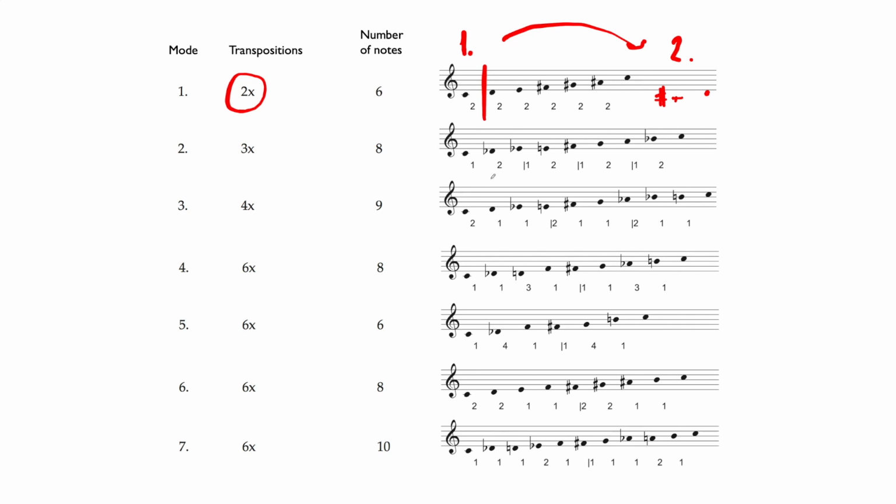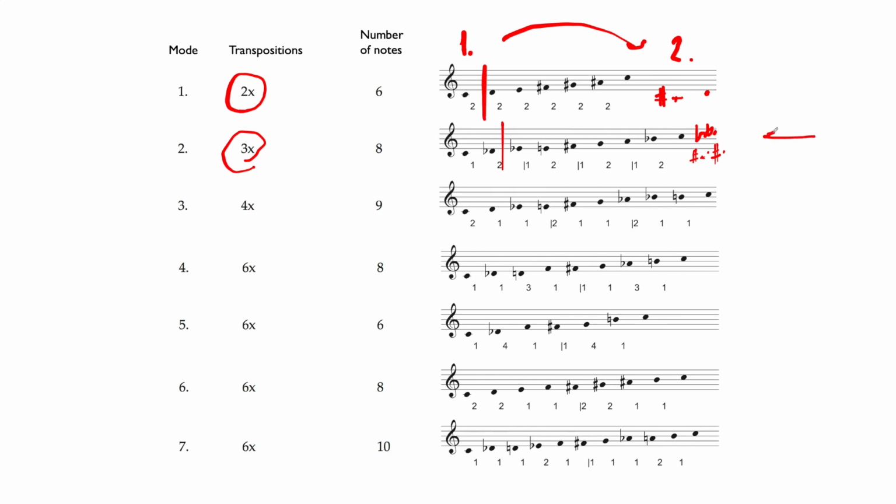And then we have the octatonic scale. This is the second mode. It has only 3 transpositions. That means we can write it beginning with C, then beginning with C sharp, and beginning with D. If you write it again on D sharp, we will get the same scale, only it will start with E flat, ending with E flat.